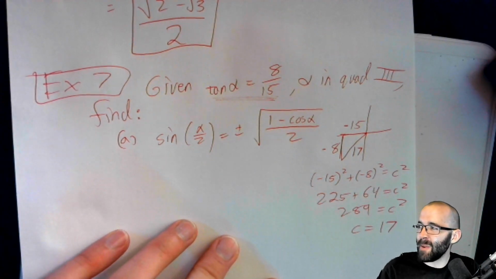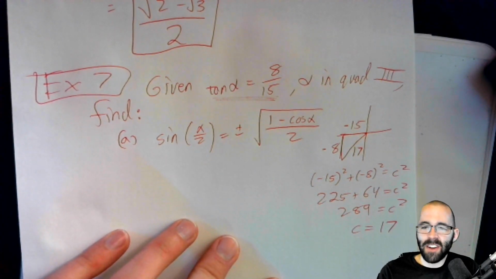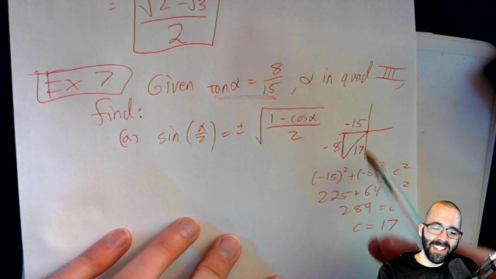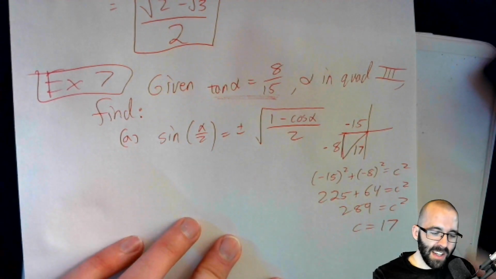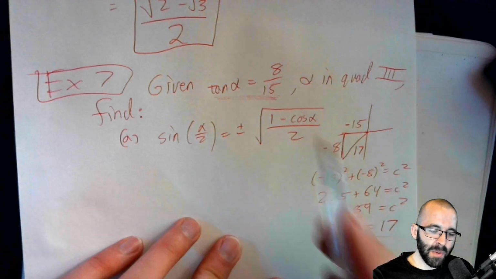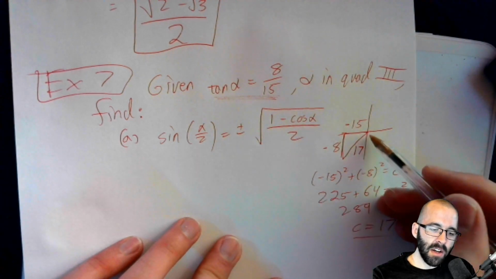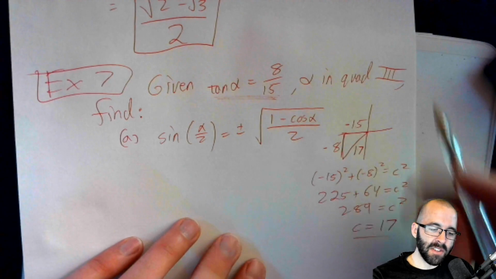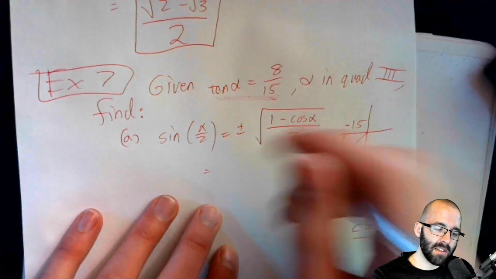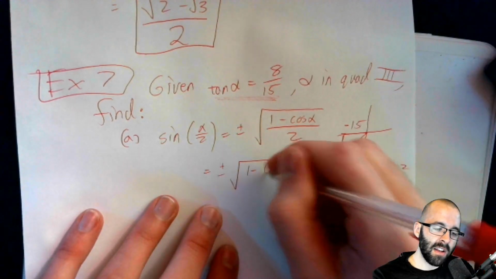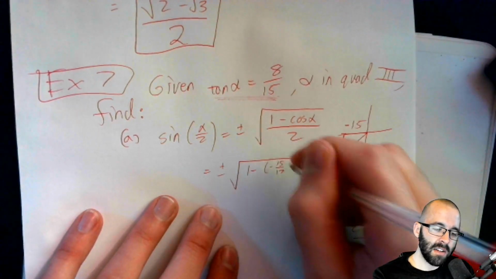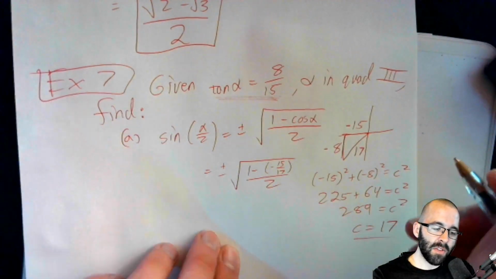But usually most people only remember 3, 4, 5, sometimes 5, 12, 13. 8, 15, 17 is less common. Either way, that's our hypotenuse. So what's the cosine then? Cosine is going to be negative 15 over 17. So you get the square root of 1 minus negative 15 over 17, over 2.